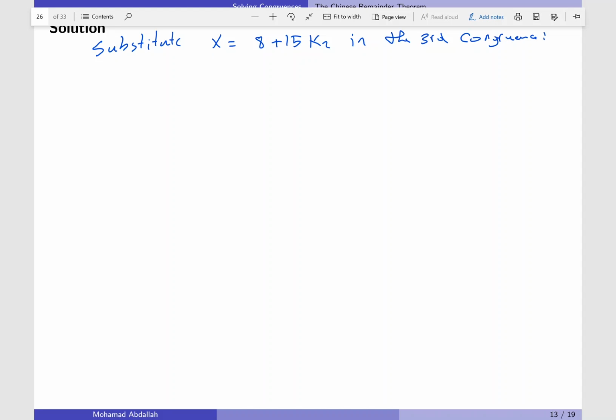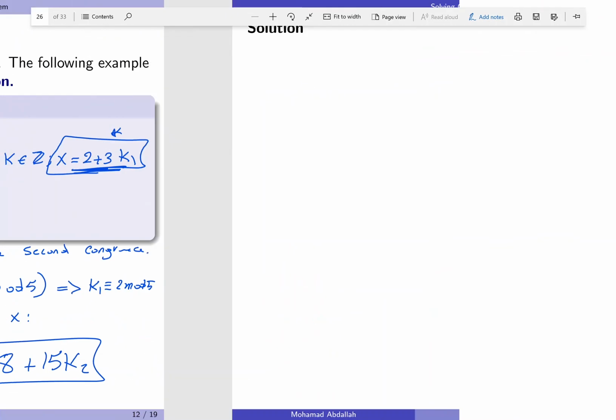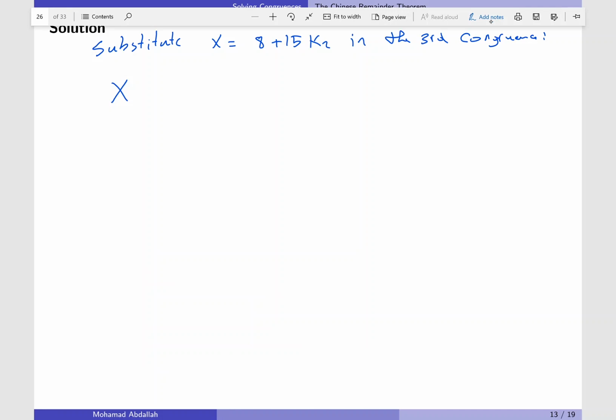What was the third congruence? x congruent to 2 mod 7. So then I have 8 plus 15k2 congruent to 2 mod 7. Let's reduce mod 7.